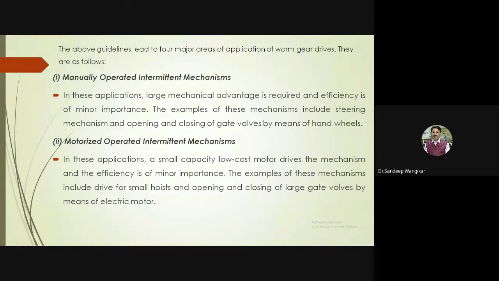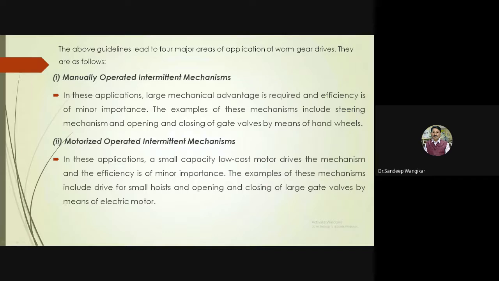So a hand wheel is used. You might have seen this particular example in the opening of canal doors. There are water flow canals, and one wheel is operated, and based on the wheel, the doors are opened. So like this, you can have many mechanisms using hand wheels.